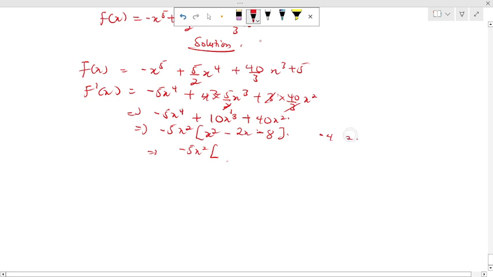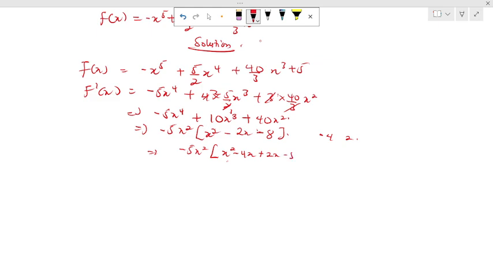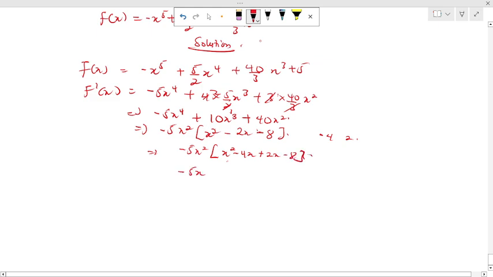They will be the factors. So we have x squared minus 4x plus 2x minus 8. Let me rearrange it: negative 5x squared times x squared plus 2x minus 4x minus 8. So negative 5x squared, and here I'll get x plus 2.